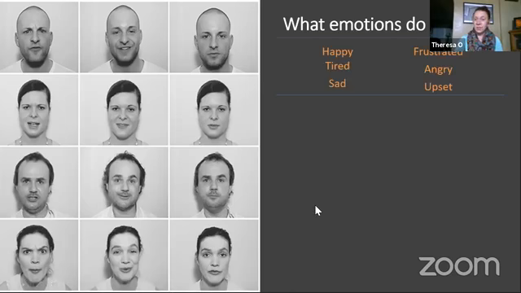But some of the more likely ones that you might come up with would be among these six, give or take a few. This person, the middle top row, could certainly look happy, and you go through the frames. Someone might look tired, sad, frustrated, angry, upset. These are all pretty easy possibilities that someone could be feeling if you're just looking at those pictures.